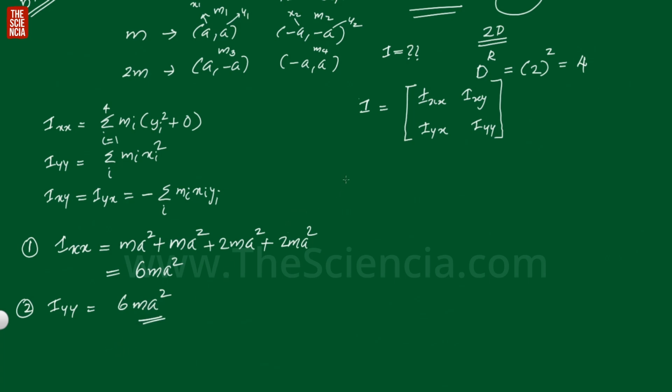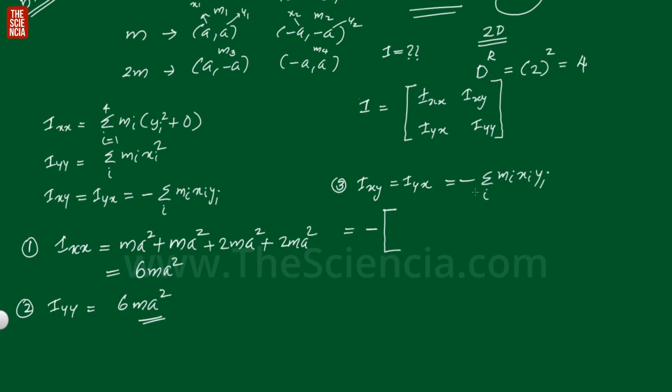Now we have to calculate the third one, that is Ixy equal to Iyx. The equation is equal to minus summation over i of mi xi yi. I am taking the minus sign outside.